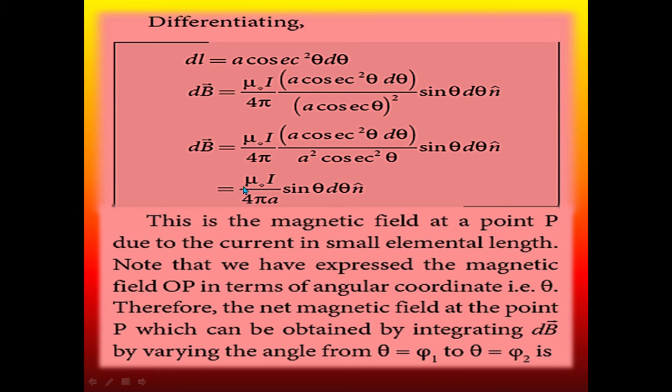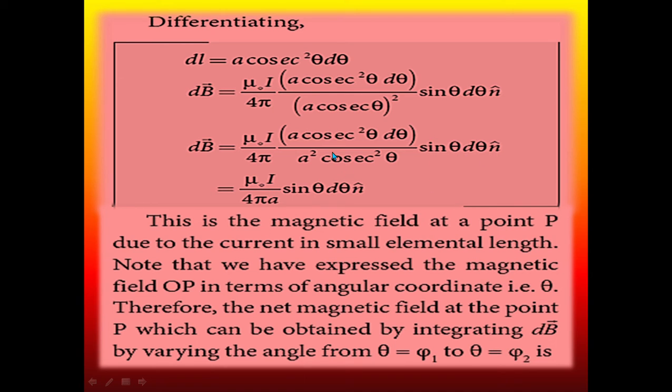The next step is dB vector is equal to mu naught I divided by 4 pi, a cosecant square theta into d theta divided by a square cosecant square theta into sin theta into d theta n cap.